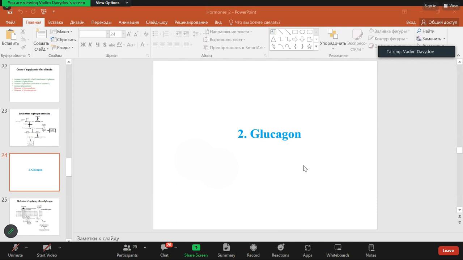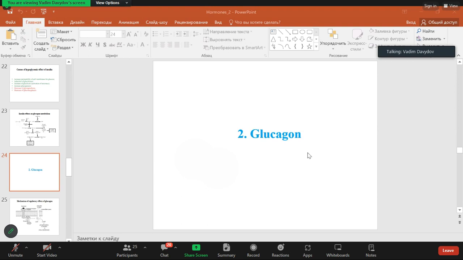Alpha cells produce the precursor of glucagon, pre-proglucagon. Its activation, the transformation of prohormone into active hormone, is the same as for insulin. Pre-proglucagon undergoes restricted proteolysis and is transformed into proglucagon.